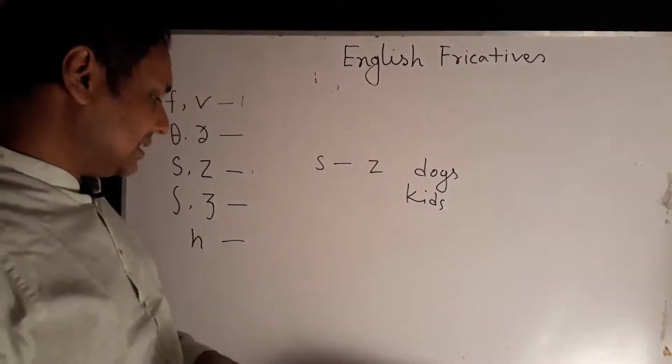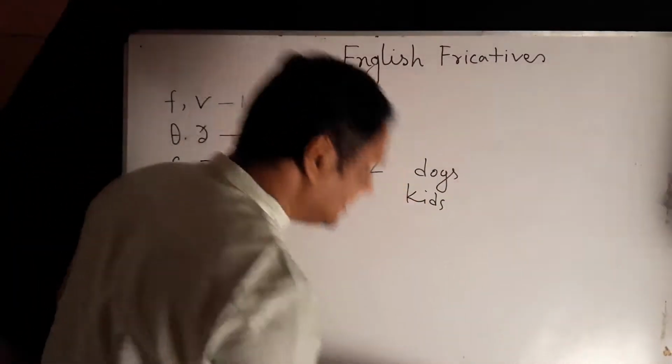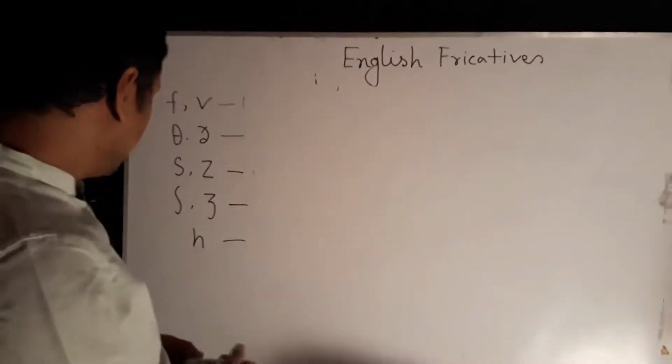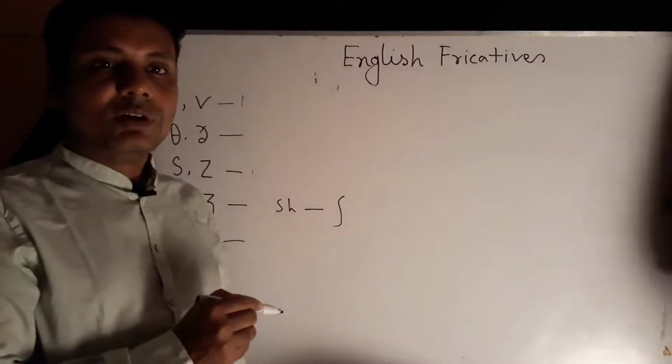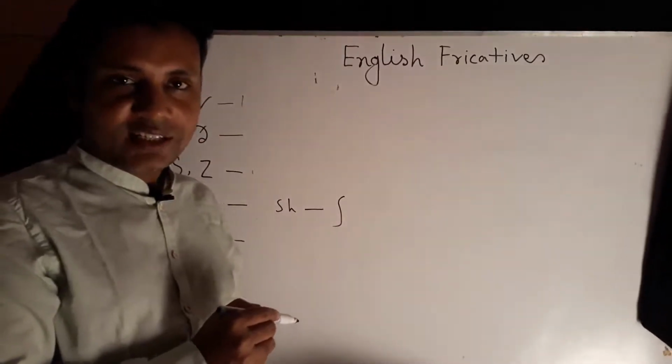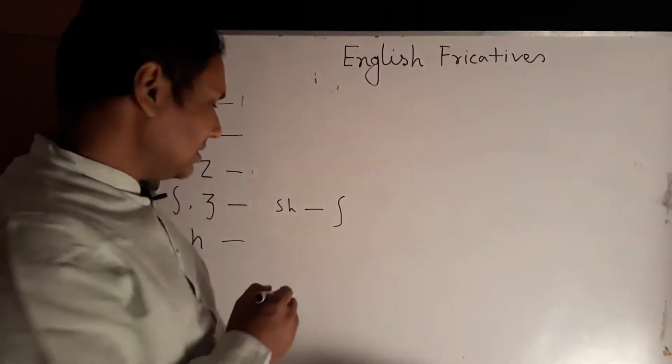That's why S is pronounced as za. Sha, zha: generally SH is pronounced as sha. For example, should, shall, etc.